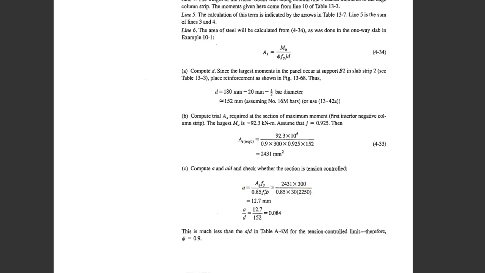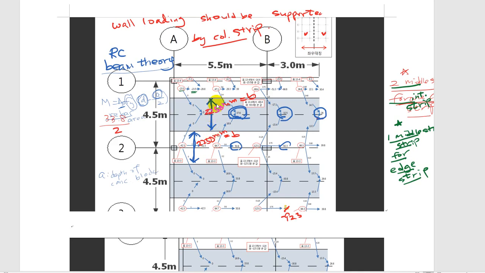For both the column strip and the middle strip, the width of the slab strip is 2250 millimeter, as you see over there. So this is b. You can just use this b in your equations when you calculate rebar area.